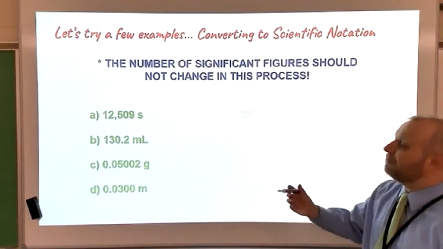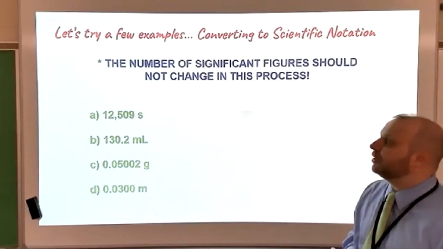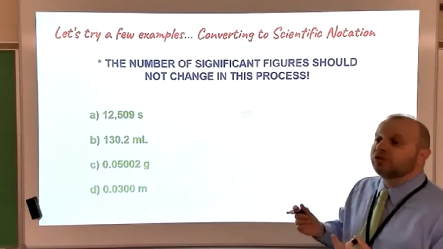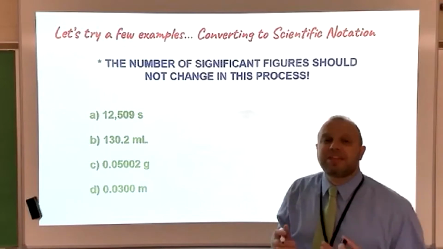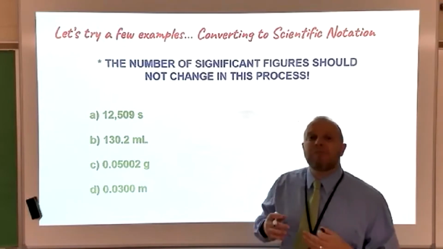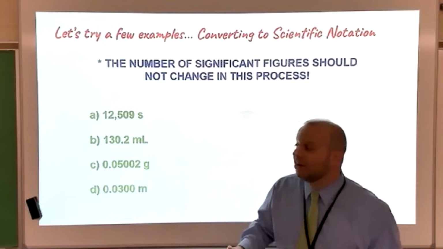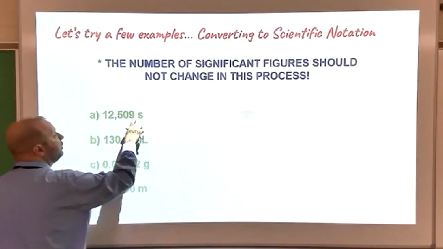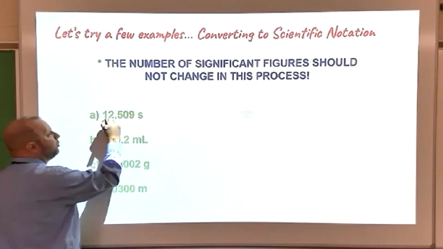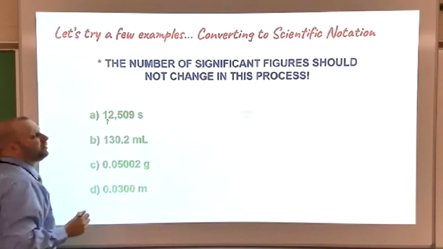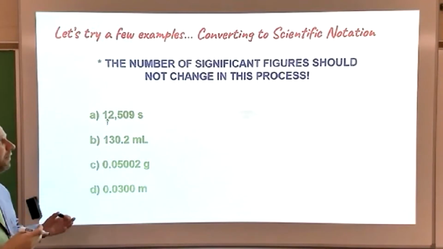In letter A, you have the number 12,509 seconds. Remembering, of course, that the decimal place can only have 1 digit to the left of it, we're going to have to move that decimal place from where it is right now up to here, between the 1 and the 2.